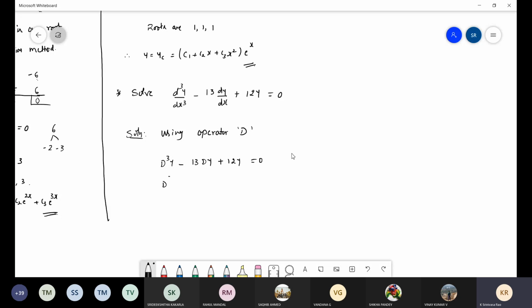Take y common: D cube minus 13D plus 12 into y equal to 0. Auxiliary equation: m cube minus 13m plus 12 equal to 0.